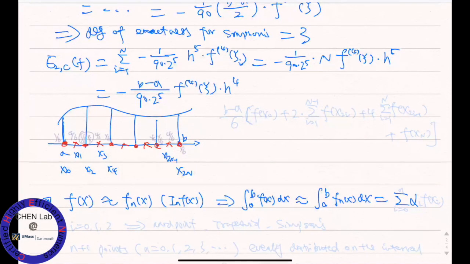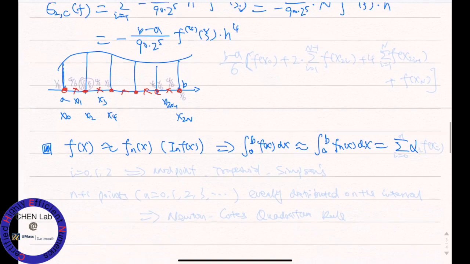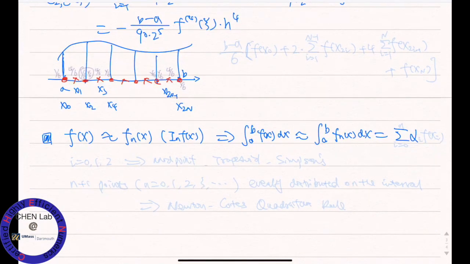If you number in that way, what we had above for each piece is you're going to get 1/6 here, 4/6 here, and then 1/6 here.